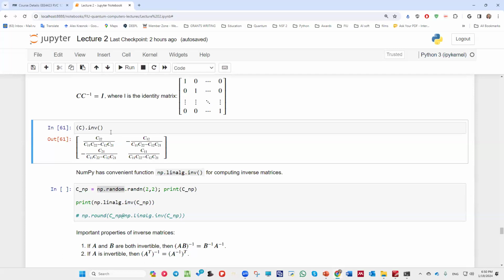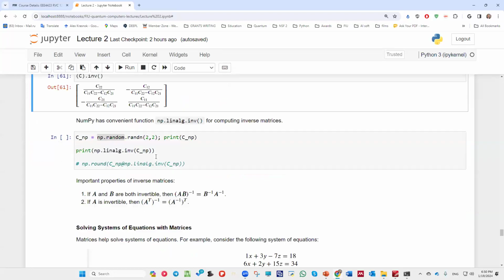So this is very easy, and of course, for 2 dimensions, it's also rather straightforward. We have formulas for this, but if you go to dimension 5 or 10, etc., this operation is very handy, very useful.